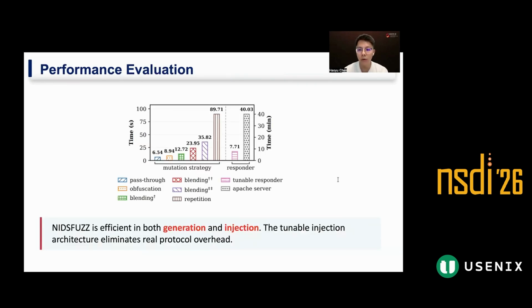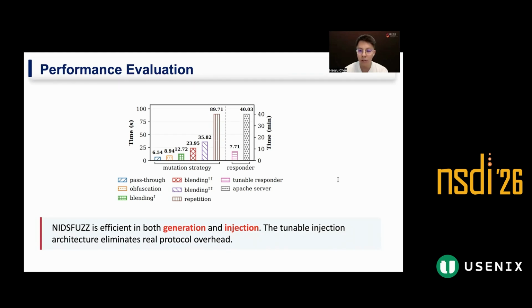Finally, we evaluated the performance of our system. For generation, the pass-through strategy is the fastest, producing 20,000 test packets in under 7 seconds.